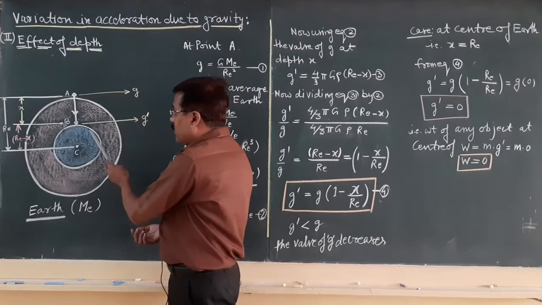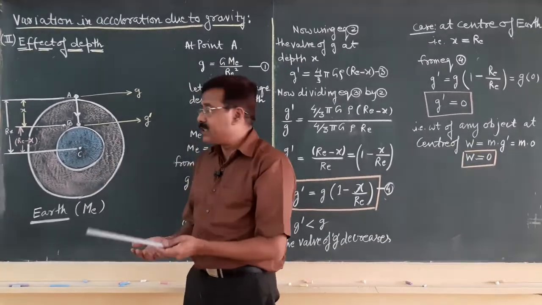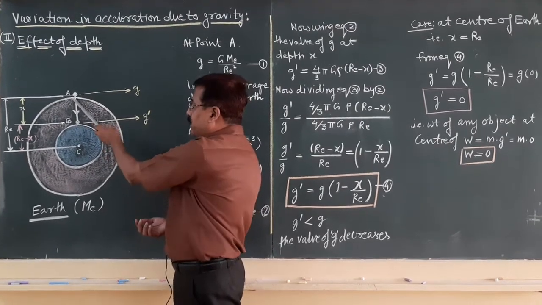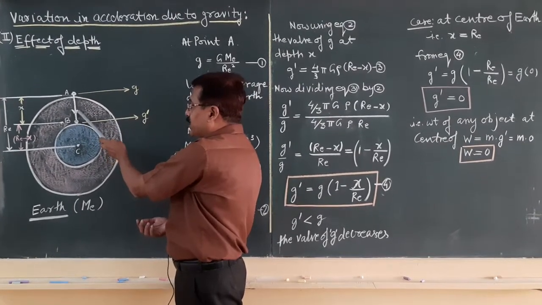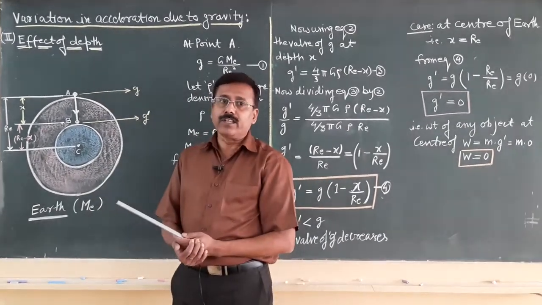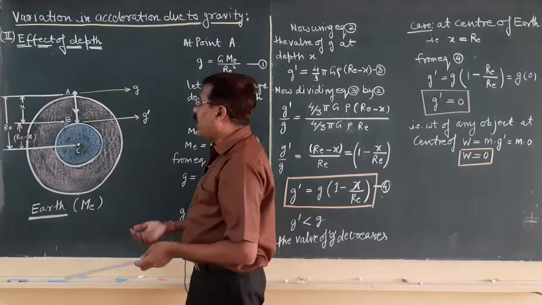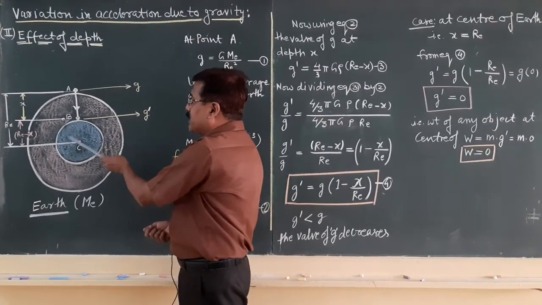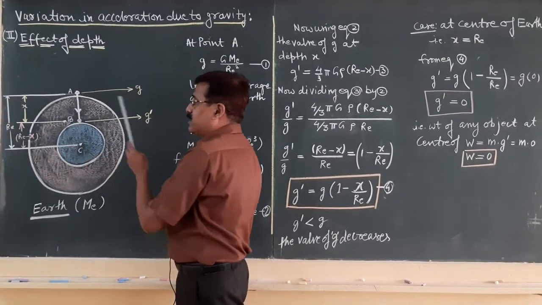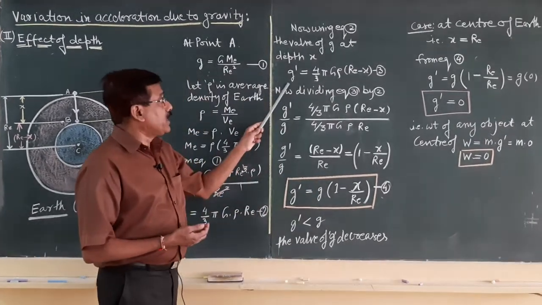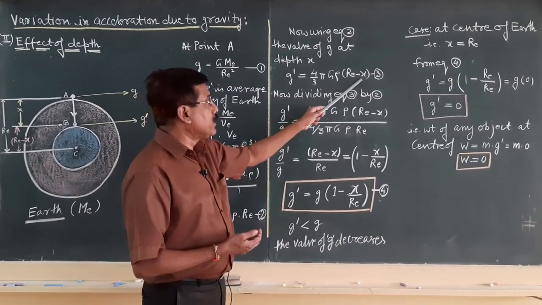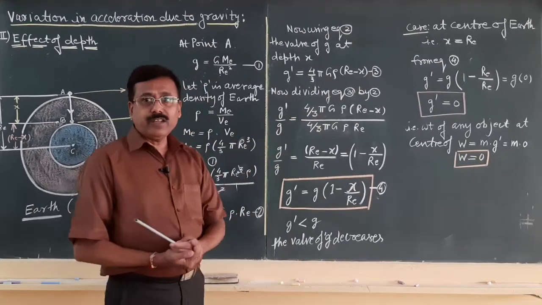It means only this blue region of the earth is responsible for acceleration due to gravity when the object reaches point B. This pink shaded part is not playing any role in acceleration due to gravity when the object is at point B. So, instead of Re, we will take the radius of the earth as only Re minus x. Now, we have g dash is equal to 4 by 3 pi G rho into Re minus x. Let this be equation number 3.